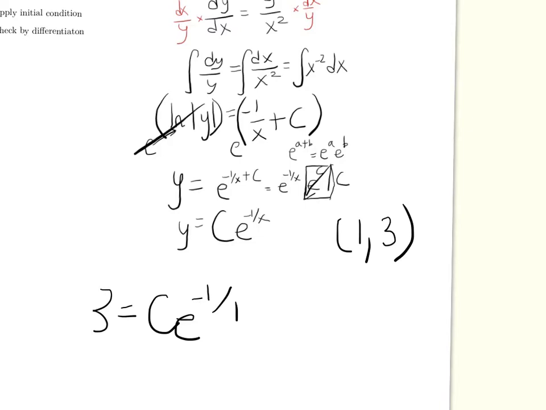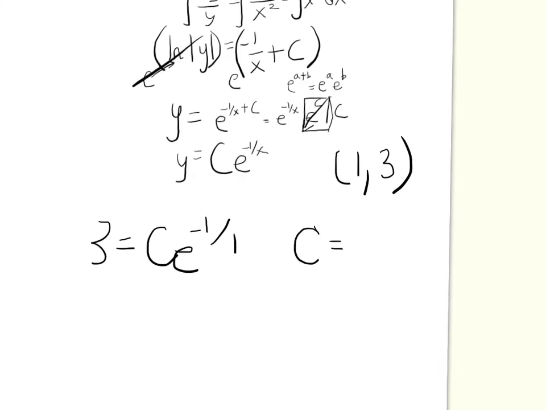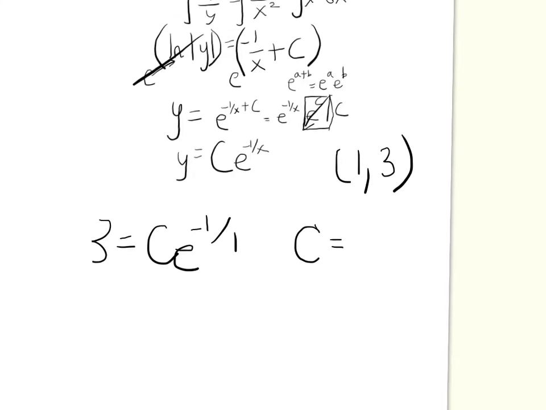All right, so c is what? To get c by itself, you have to multiply both sides by e. I'm sorry, that looked like an x, but it's not supposed to be an x. It's a multiply symbol. Multiply by e, multiply by e. c is equal to 3e.